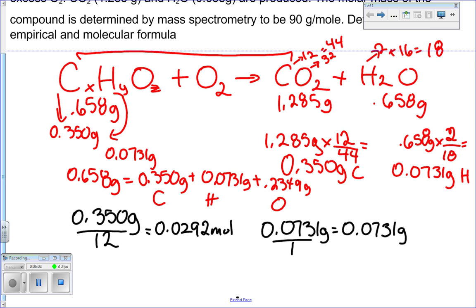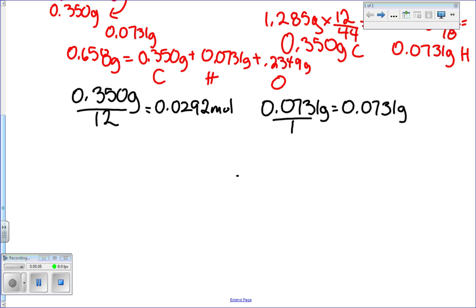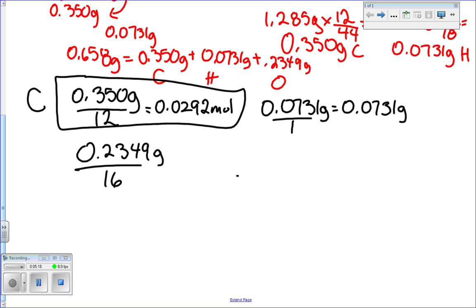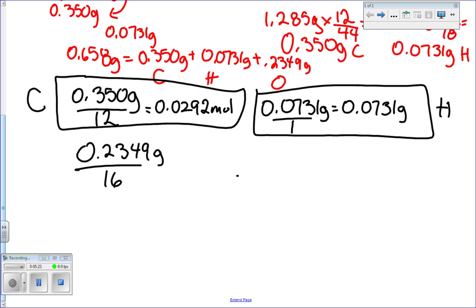Oxygen was 0.2349 grams, divided by its molar mass of 16. If I work that out, again not rounding a lot, it comes to 0.01468 moles of oxygen.